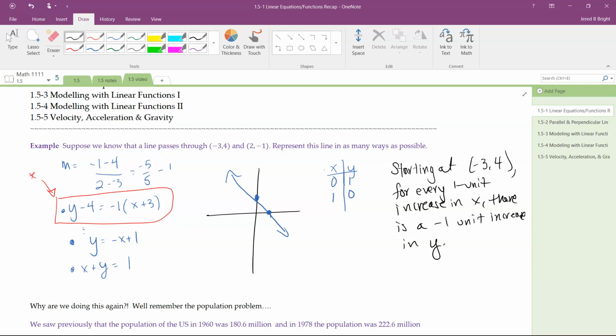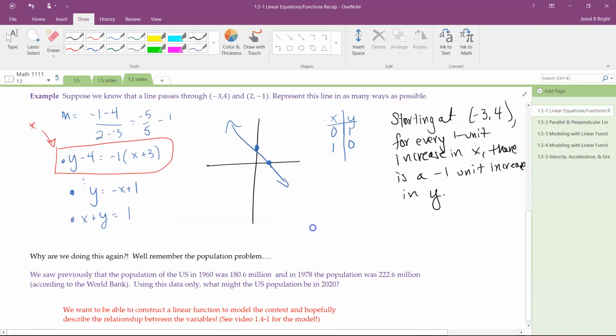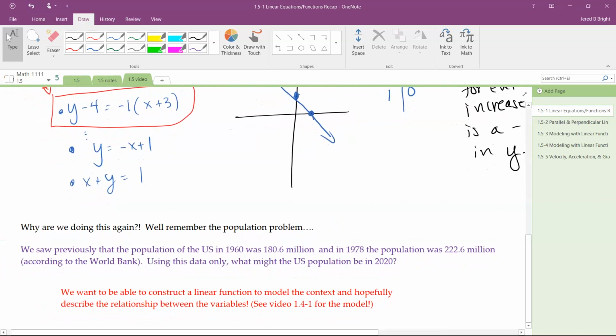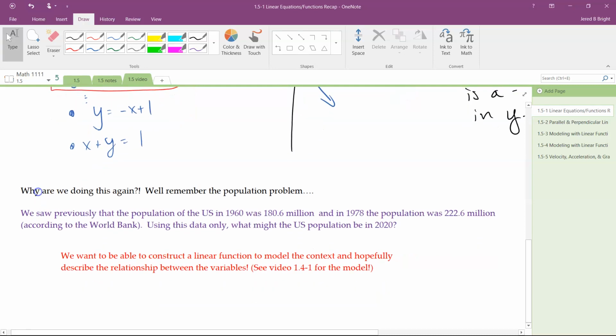Okay, so again, this is kind of old hat. We did this in the last set of videos, and so why are we doing this again? Well, you might remember again that population problem back from chapter 1 in section 3. We had this modeling problem, and we wanted to construct a linear function that would model that context. And so if you want to, hop back to video 1.4-1 where we first introduced linear functions, and we did that there.